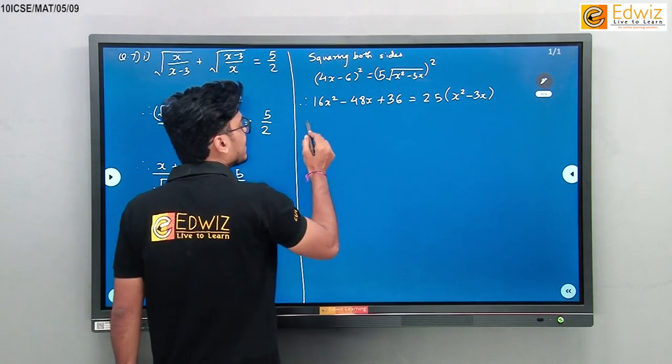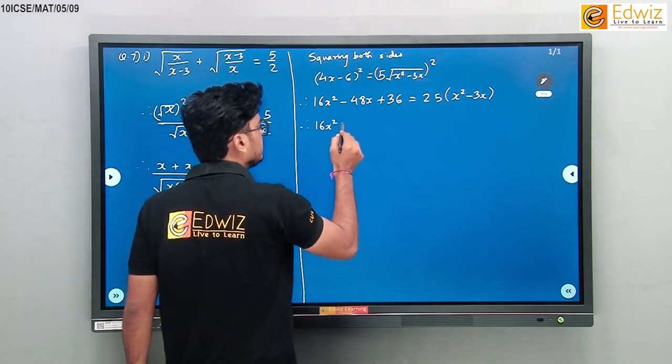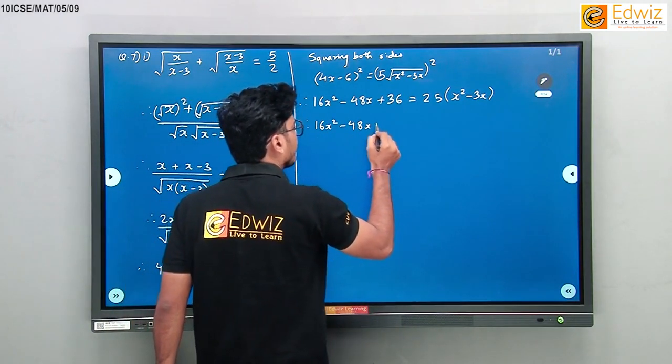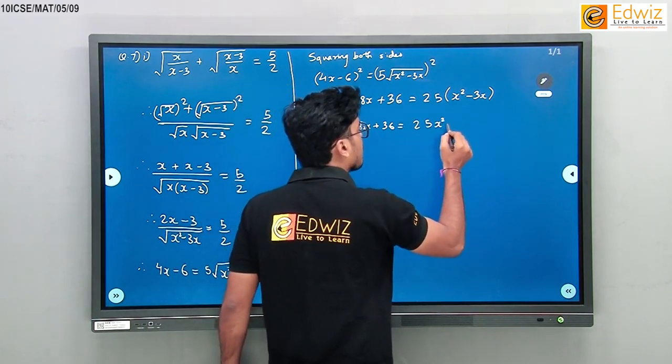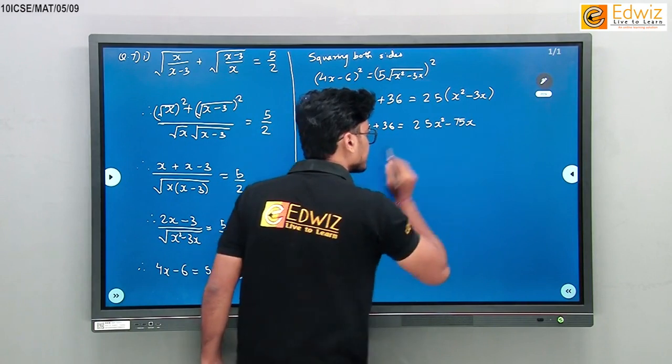Now let us simplify it a little bit. This is equal to 25x square minus 75x.